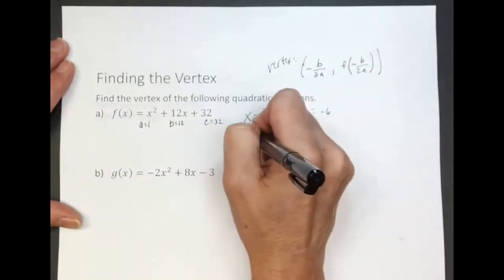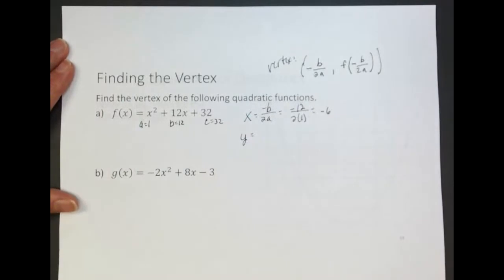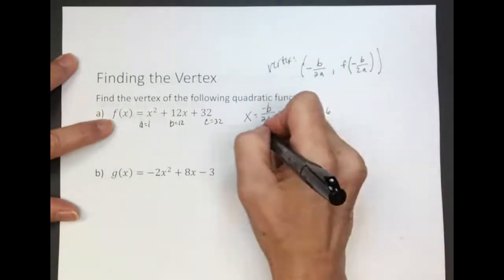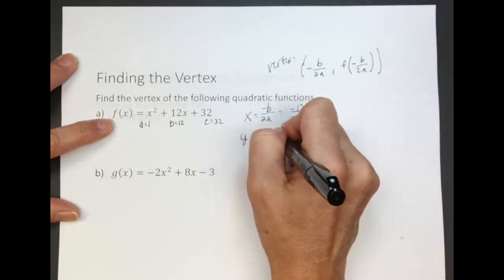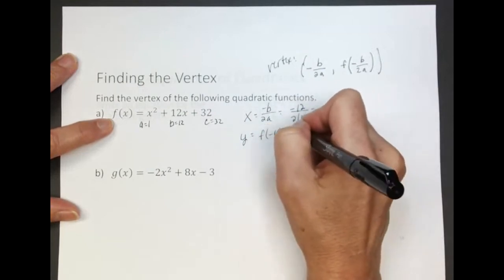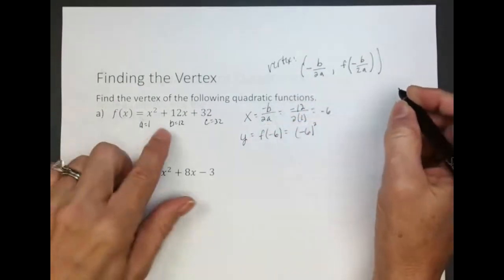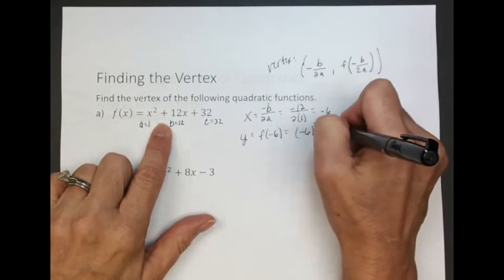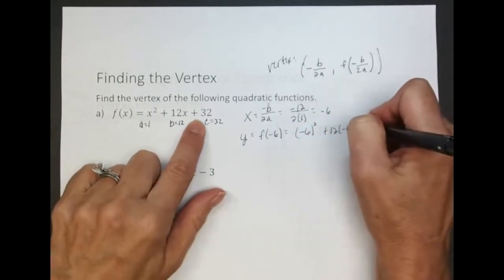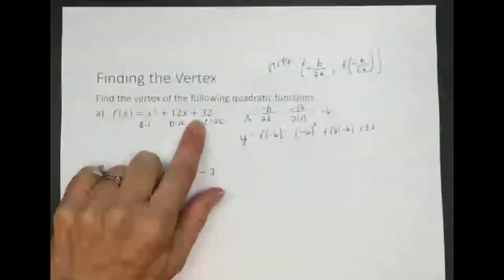To find the y coordinate of that vertex, we'll plug negative 6 into the function. So that'll be f of negative 6, or negative 6 squared plus 12 times negative 6 plus 32. Let's see, what is that?